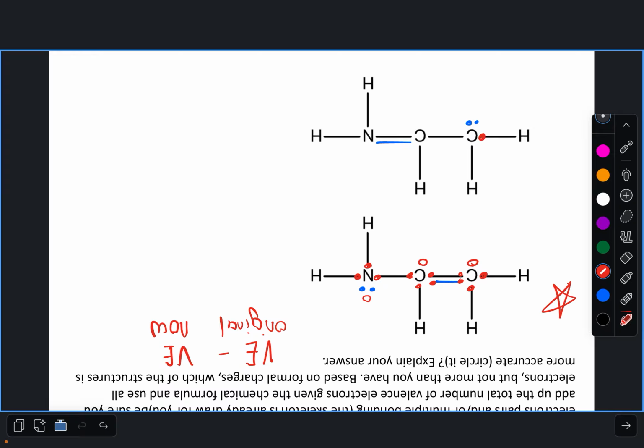So the first carbon, 1, 2, 3, 4, 5. So that has a formal charge of -1. The next carbon, 1, 2, 3, 4. Okay, that one's 0. And the nitrogen, 1, 2, 3, 4. So 5 minus 4 or +1.